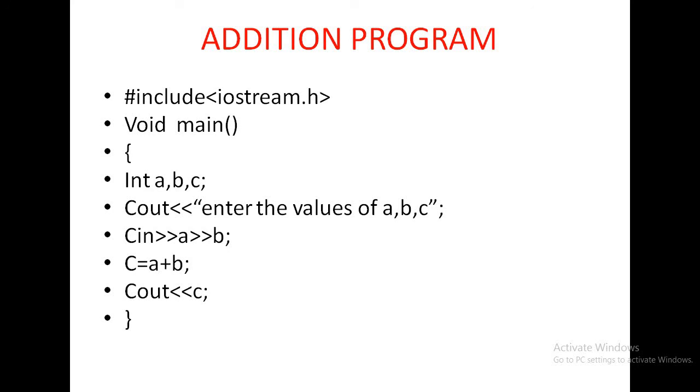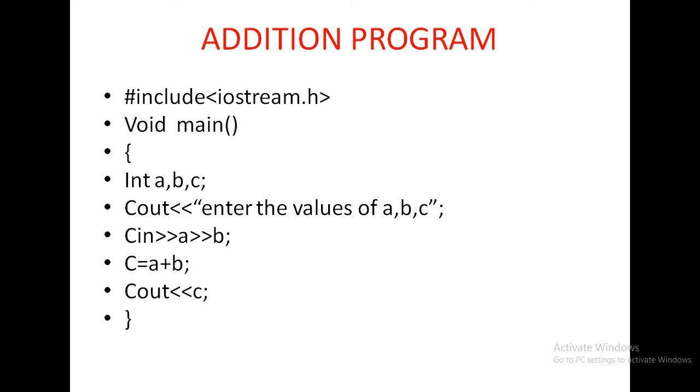Addition of two numbers means we can add two numbers, so to add two numbers, we are taking two variables A and B.